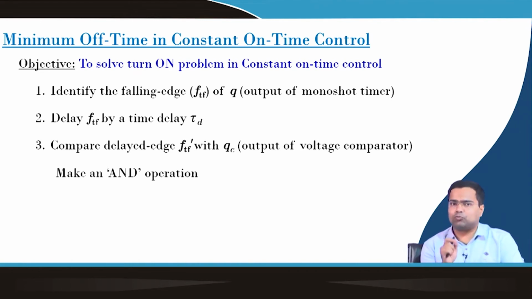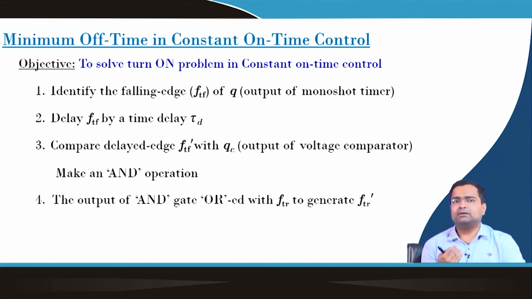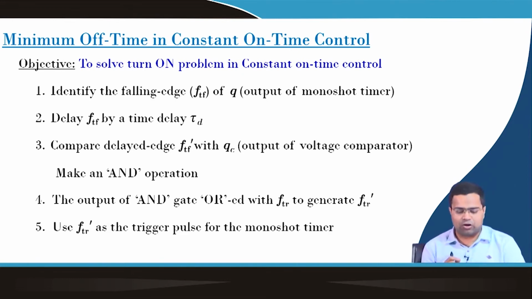If the comparator output still remains high, we make an AND operation, and the output of the AND gate is applied as an input to an OR gate along with the rising edge trigger signal which was originally there, and the output of this OR gate is applied to the input of the monoshot timer. So, this acts as the trigger signal for the monoshot timer.